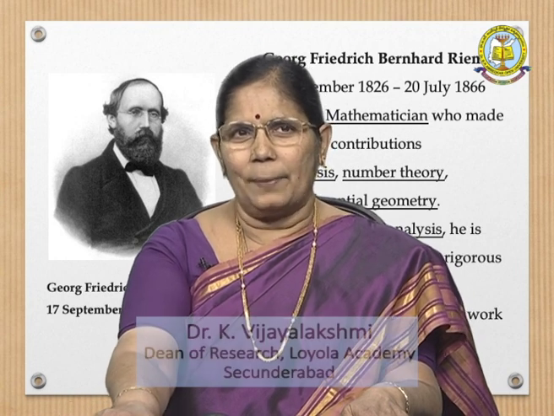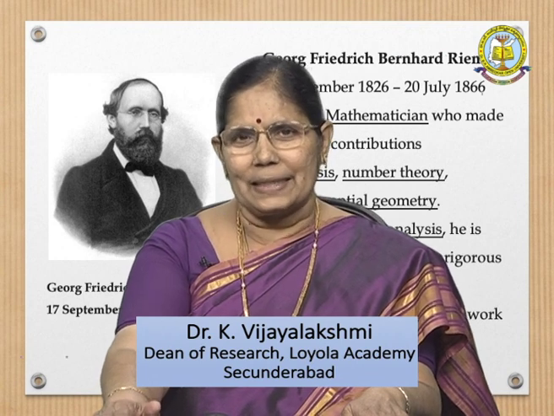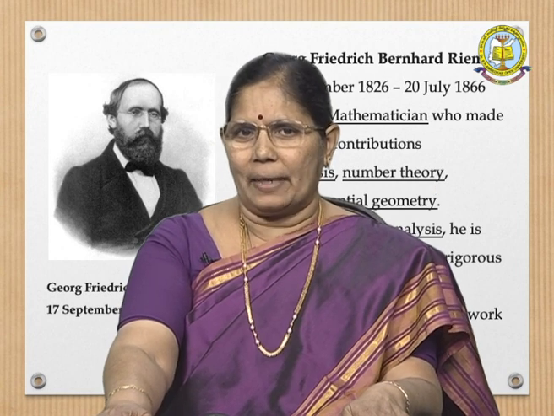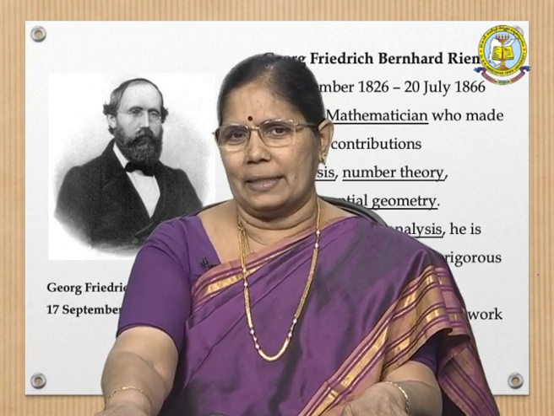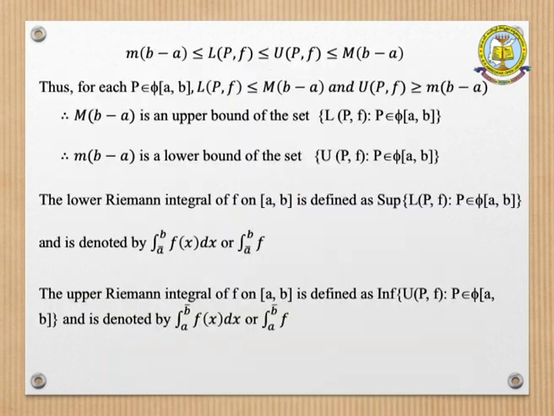That means capital M into b minus a is an upper bound of the set of all LPF for finitely many partitions of [a, b], and small m into b minus a is a lower bound of the set of UPF such that P belongs to the set of partitions of [a, b].